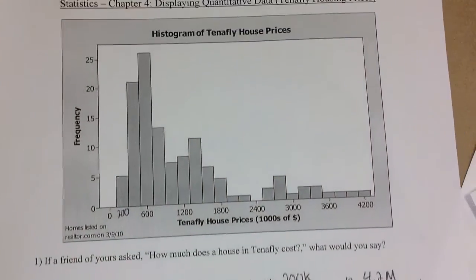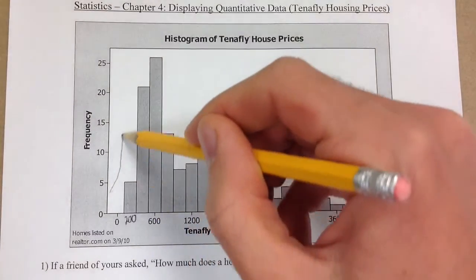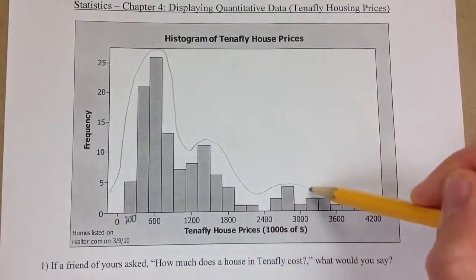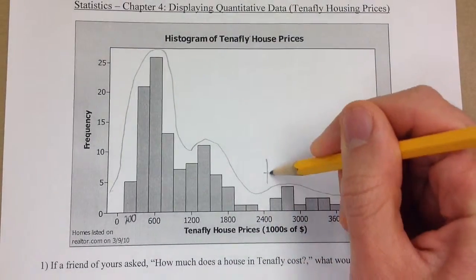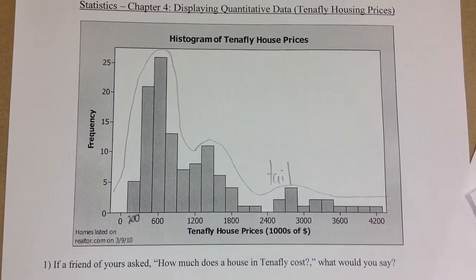So Ethan, is this a symmetric distribution? No. Definitely not. I said it was bimodal and it was skewed to the right. Okay, we'll hold off on the modality till later. Definitely skewed to the right. The convention is that it's skewed in the direction of the tail, of the longer tail, I guess I should say. And so our tail is on the right-hand side, so this is called skew to the right.